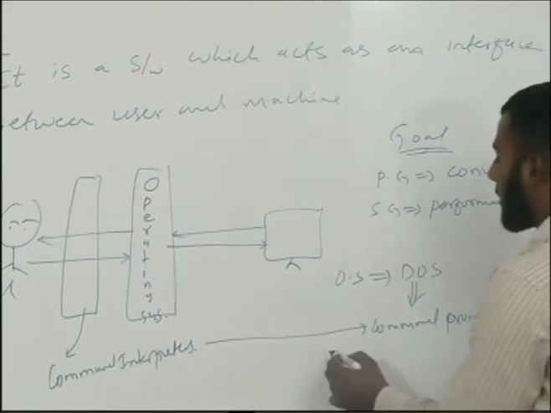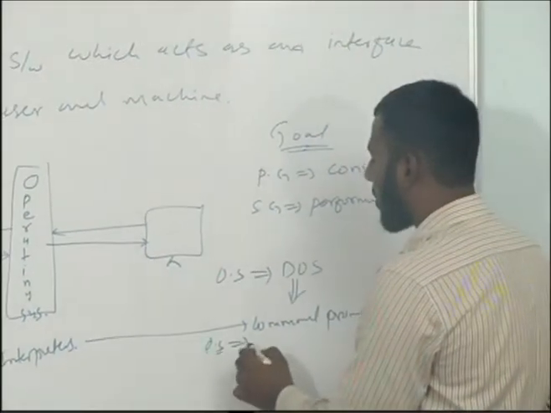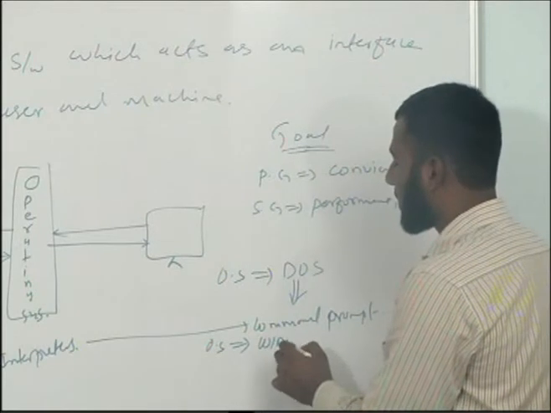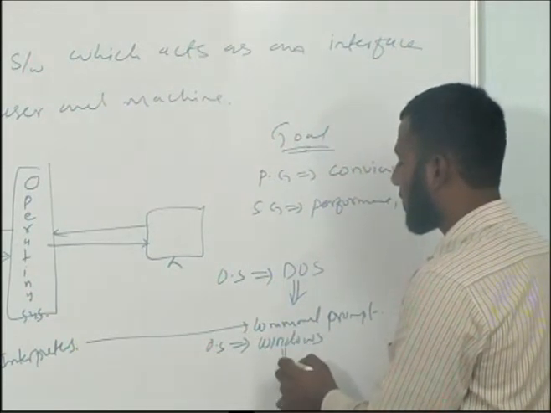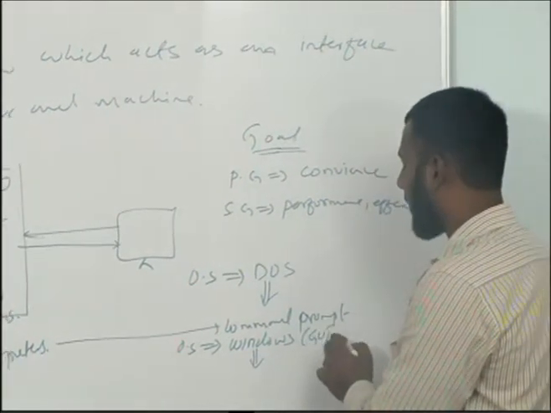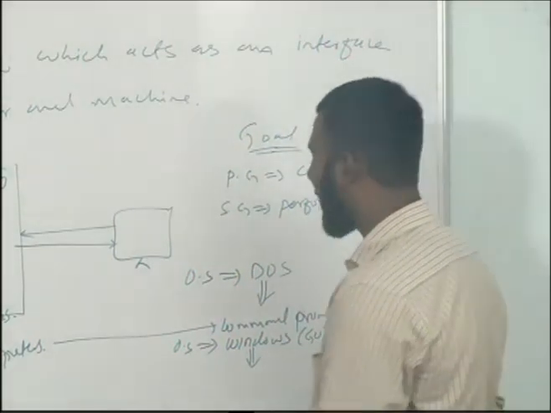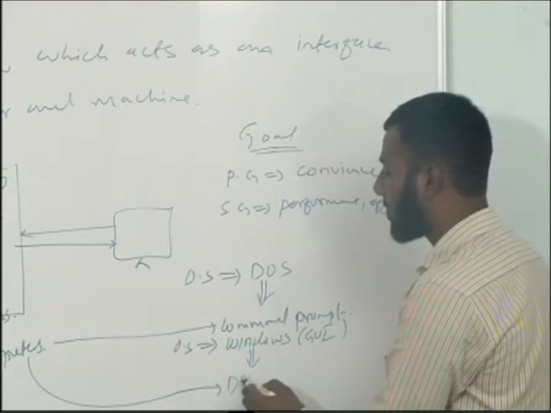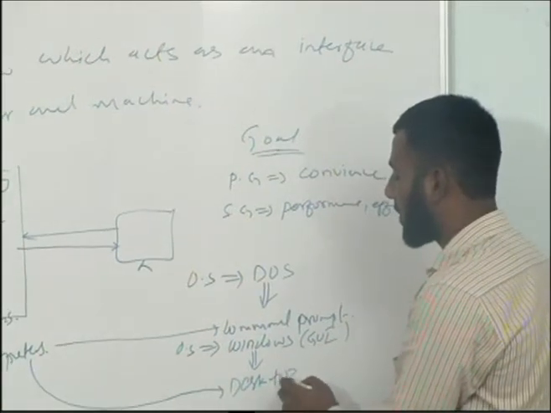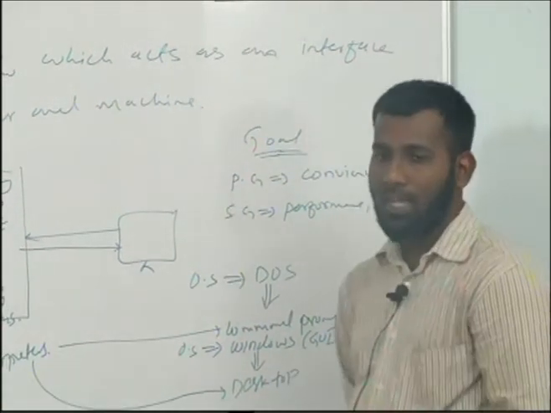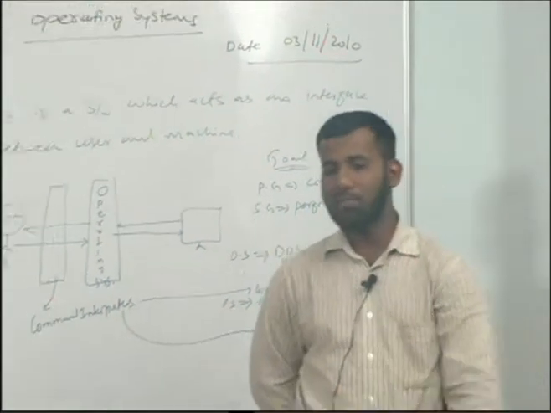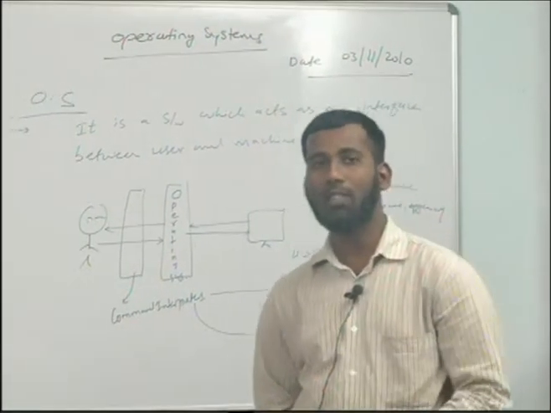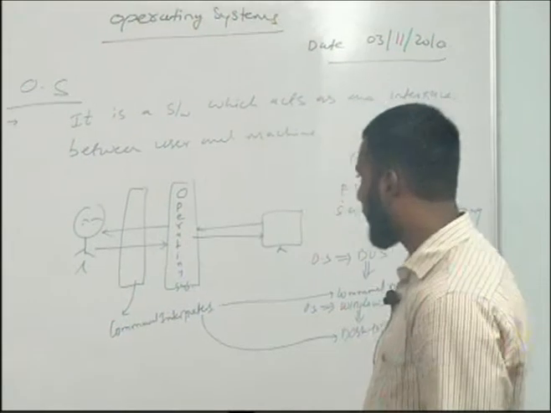Now if the operating system is not DOS but Windows, which is GUI based, graphical user interface, then the command interpreter here is the desktop. So whenever we are interacting with the operating system, we are not directly interacting with it, we are using these command interpreters.